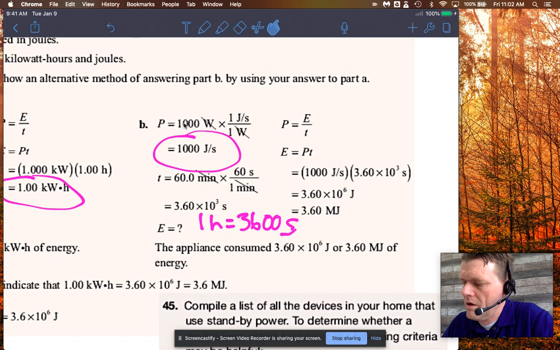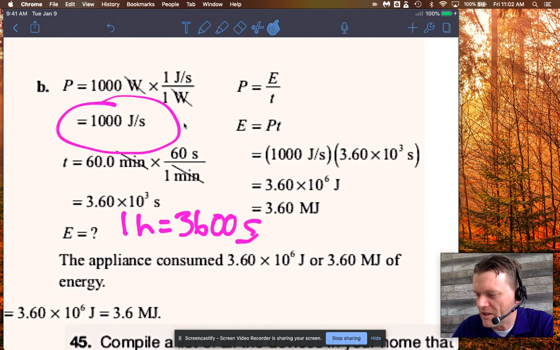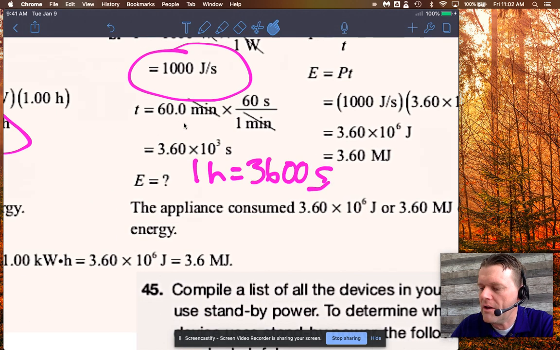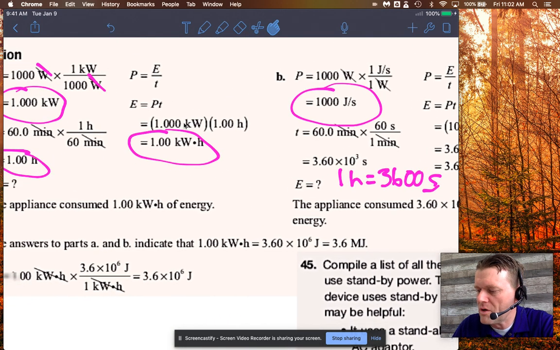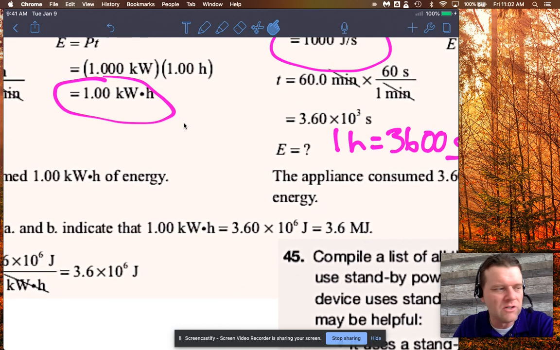And so we're going to take 1,000 times 3.6 times 10 to the third, which gives us 3.6 MJ. Now, it's not Michael Jackson, but that's megajoules. So again, you see a big M like that, go find it on your sheet, and you can see that's times 10 to the third.